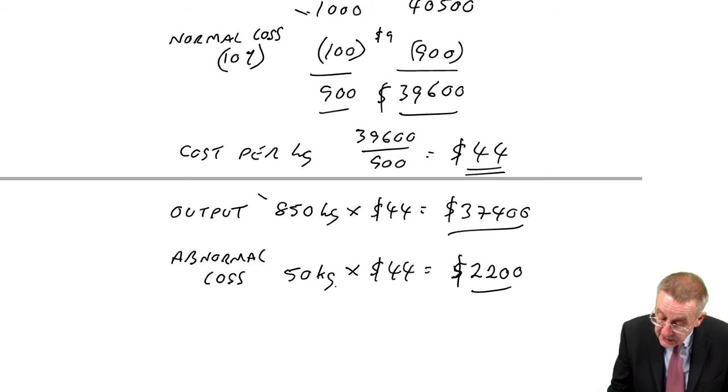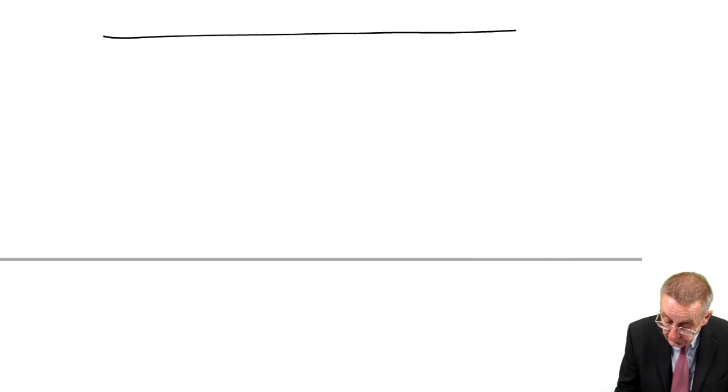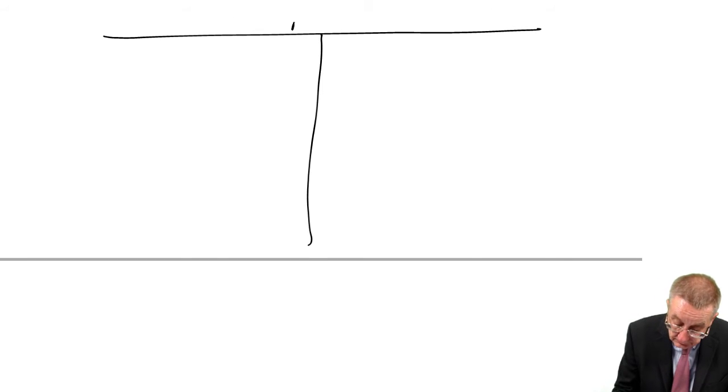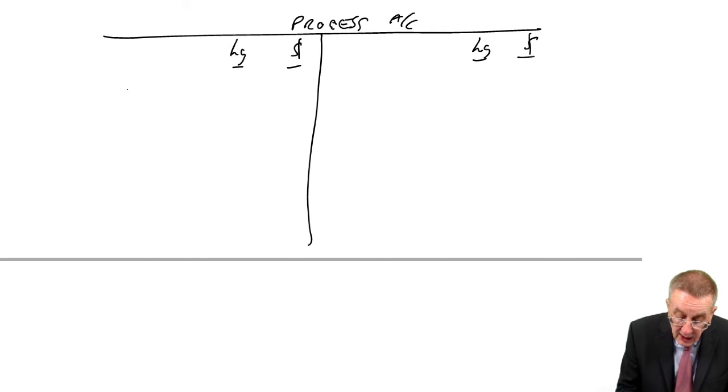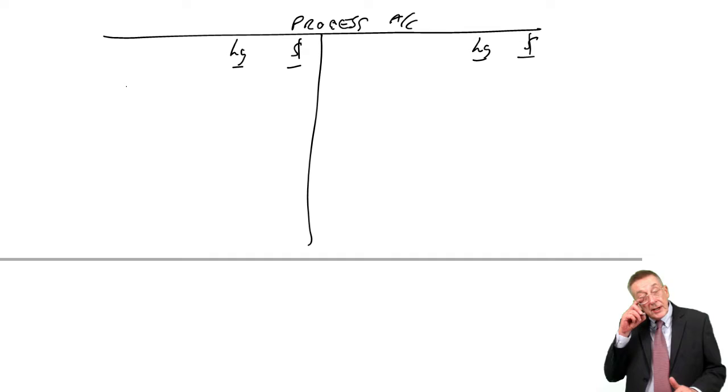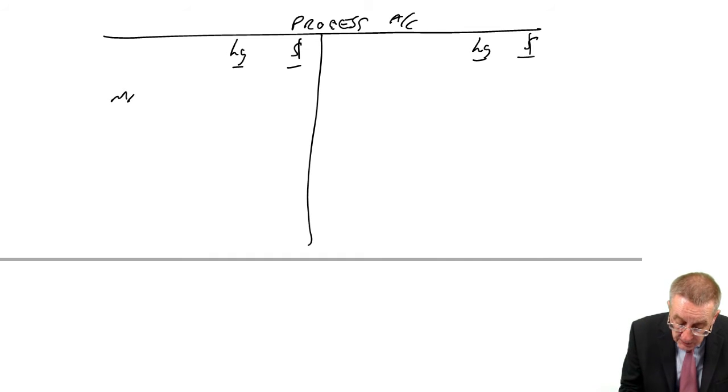As always, let me do a T account. Kilos, dollars, kilos, dollars. As always, debit with whatever goes in. So materials, 1,000 kilos, $9,000. Labour, 18,000.